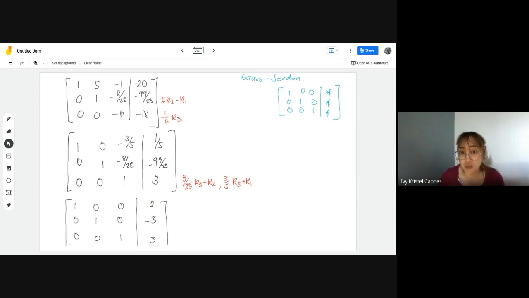The answer is positive 2. Supposing we didn't know that the answer should be negative 2 for x, we substitute it into the equation. Negative x minus 5y minus 5z equals 2. So that is negative 2 minus 5 times negative 3 minus 5 times 3 equals 2. So we know this is not correct.